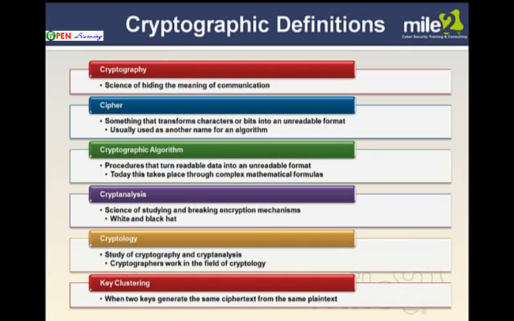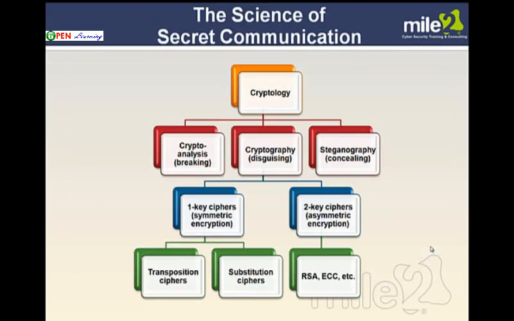We have hackers that do this in an ethical way, called white hat, and hackers that do this in a more evil way to get into information they shouldn't be looking at to begin with, and that's considered a black hat. Then there's cryptology, the study of cryptography and cryptanalysis, where you're trying to break the encryption. Key clustering is where two different keys generate the same resulting ciphertext, the encrypted version, from the exact same initial plain text, which would obviously be very unusual.